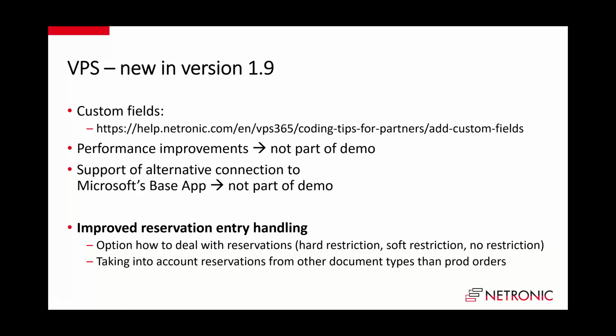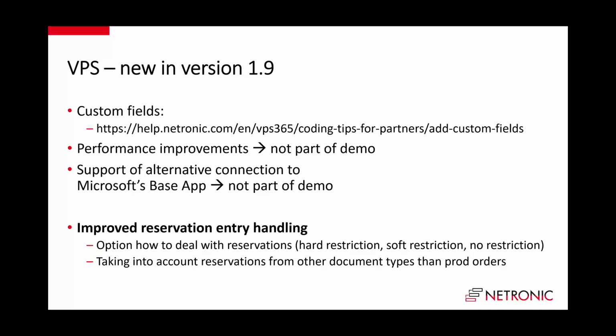And then we also enhanced the type of reservations that we take into account in the VPS. So in the past, we only took into account reservations from one production order line to another production order line.